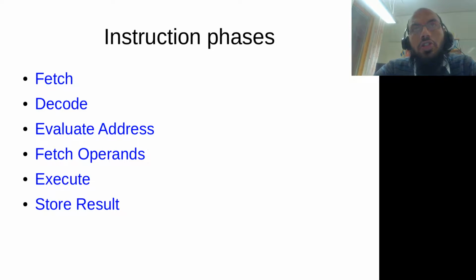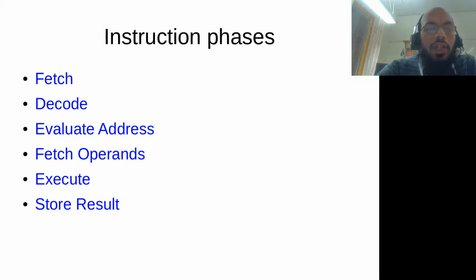And each instruction can be divided into 6 phases. It's basically a fetch phase where you fetch the instruction using the program counter where it points in memory, a decode phase where you try to understand what this instruction does, an evaluate address phase which basically tries to work out which operands, which data, and which memory addresses I should operate on.